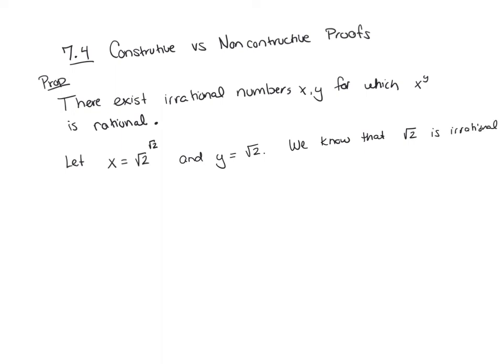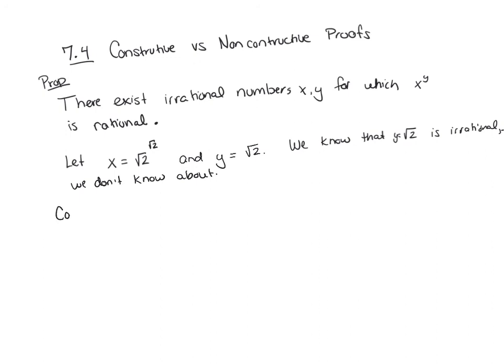So I know that y is irrational, but we don't know about x. This isn't going to be a constructive proof because I don't know for sure if x is rational or irrational.